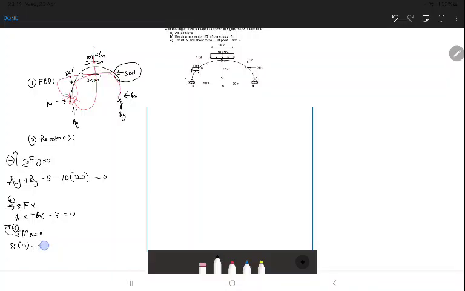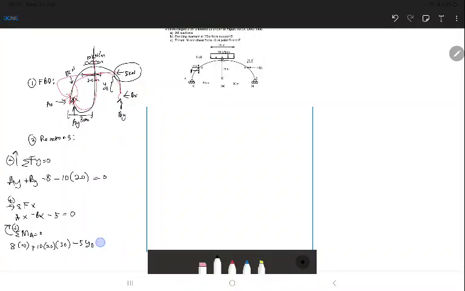Plus 10 times 20, and then in this direction how much? Because it is in the middle, this is 30 meter. Okay, so minus 5 times ye. We don't know this ye, so you have to find it first.